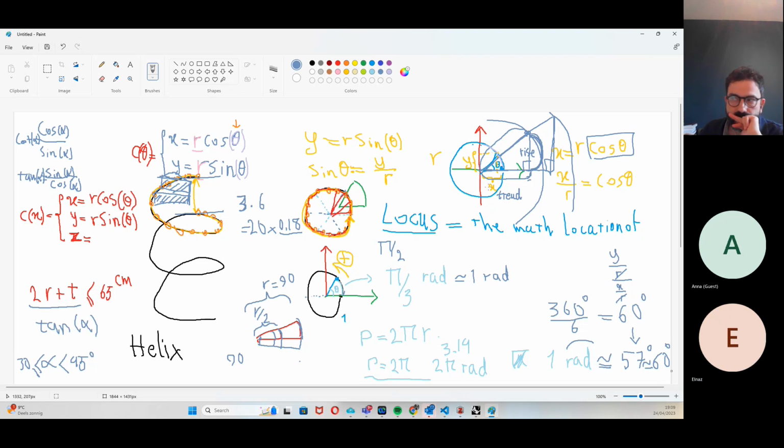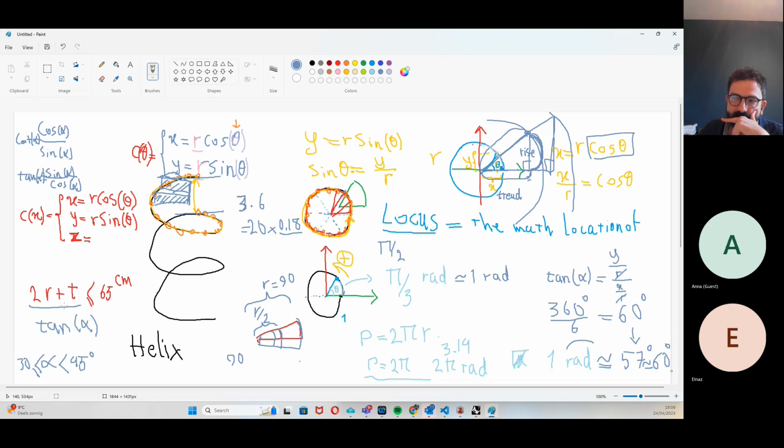Right? Yes. This is exactly the fraction that we call the tangent of alpha. So it's a slope. Okay.